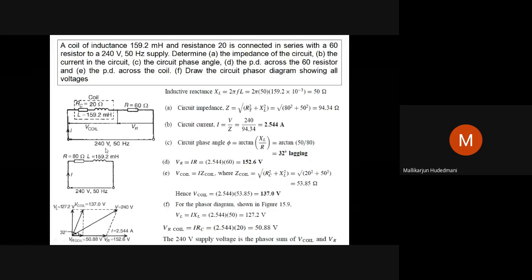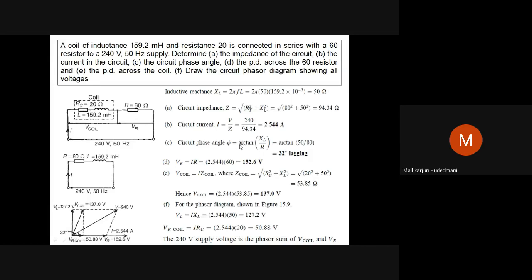Then what is the total current flowing in the circuit? The total current is V by Z, like Ohm's law. 240 divided by 94.34 gives 2.544 ampere. Therefore, it's very easy. Now the phase angle, we are already very familiar. So it is arc tan. Can you see this? Arc tan means inverse tan.